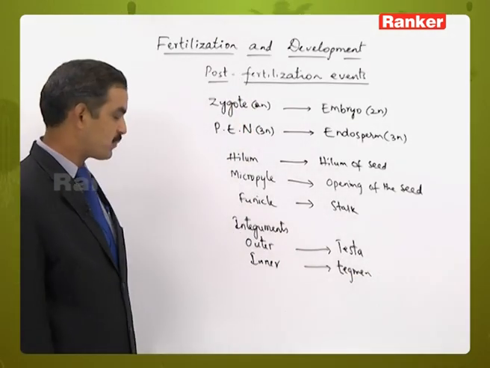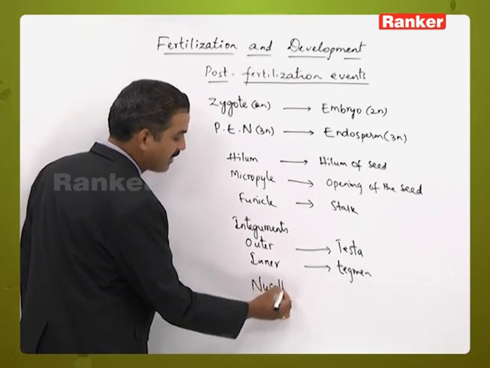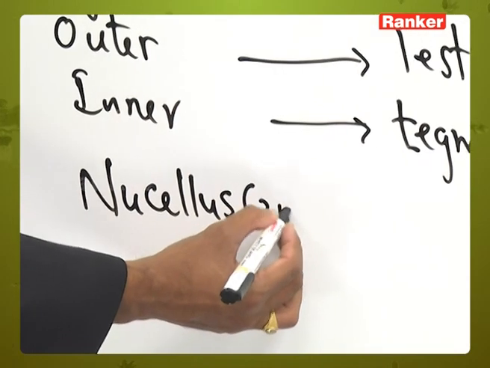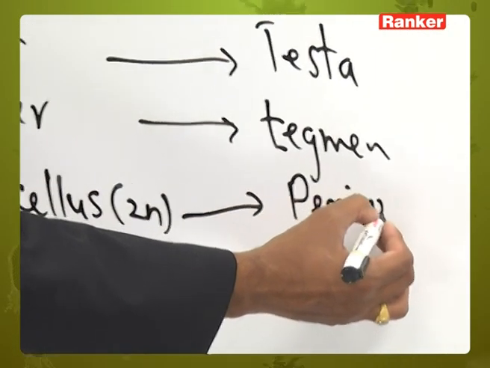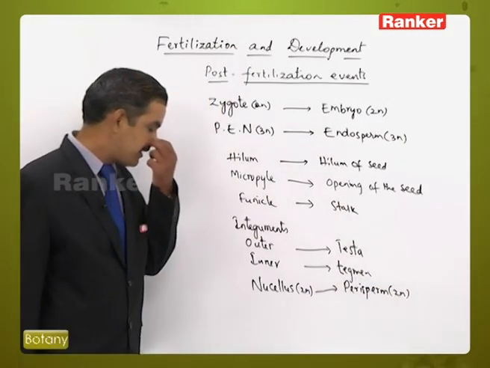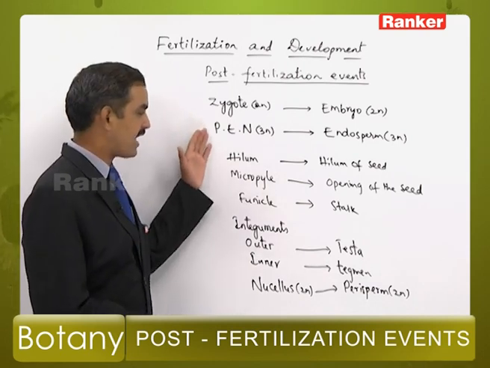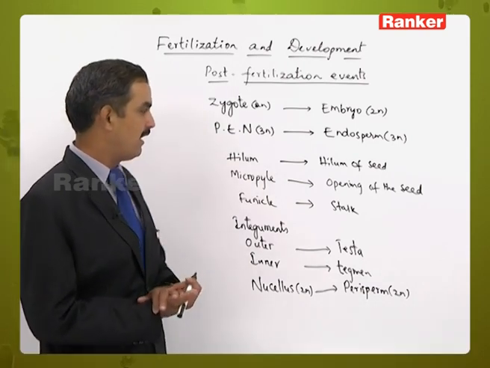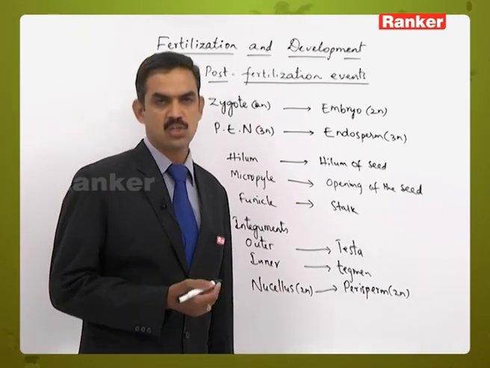And the nucellus which is remnant, that is diploid in condition, will be converted into perisperm, which is also a nutritive tissue as a result of post fertilization changes. So these are some of the other changes which we can observe as a result of post fertilization changes in the angiospermic plants.